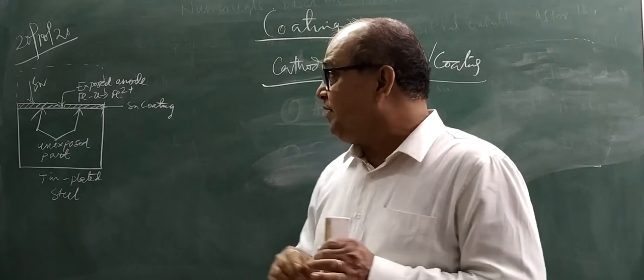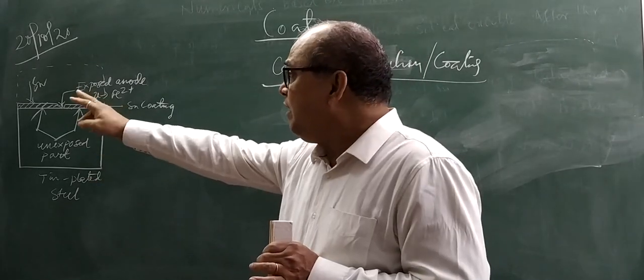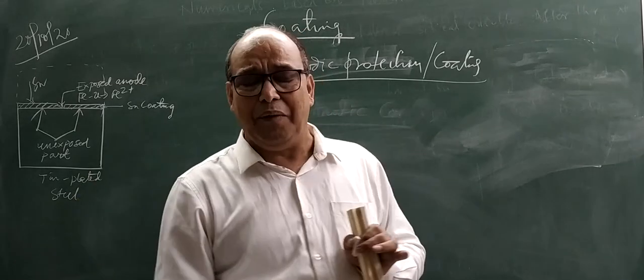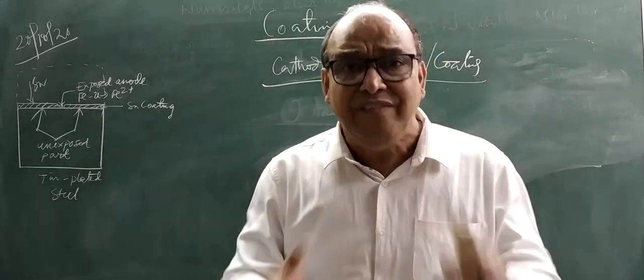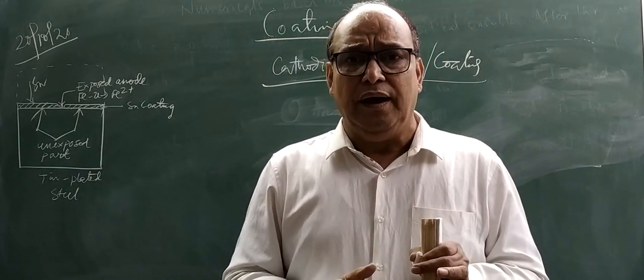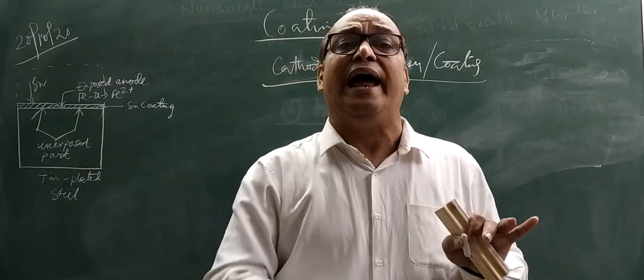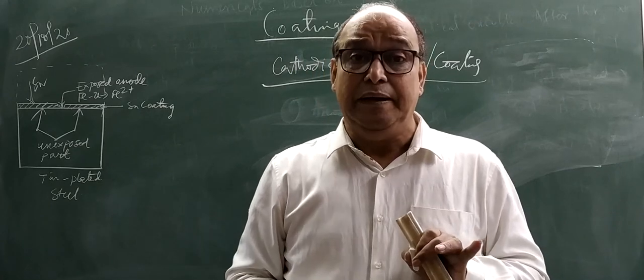Here in this case, when tin coating is applied on iron or steel, whatever it may be, it is fine so long as the coating is there on the entire metallic structure.